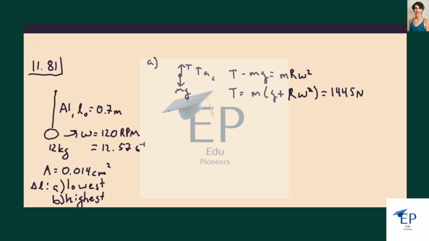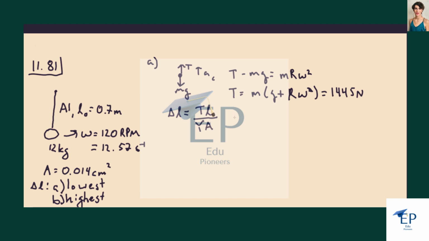So now we use the stress-strain relationship. We find that elongation is equal to the tension times the unstretched length divided by the Young's modulus and the cross-sectional area.